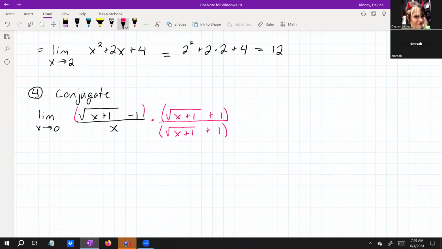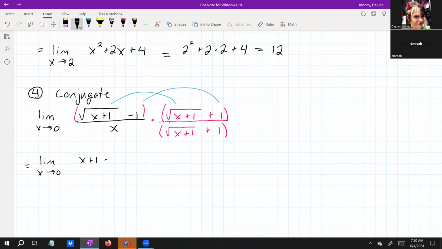Now, I FOIL. My first terms will give me root x plus 1 squared, which is just x plus 1.